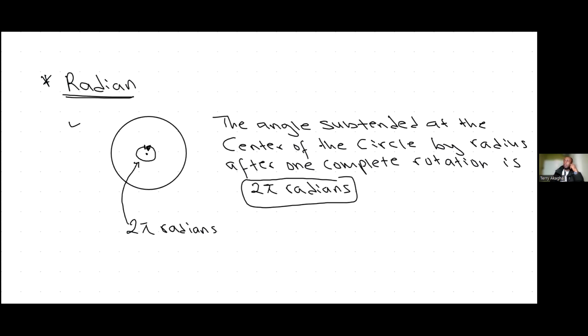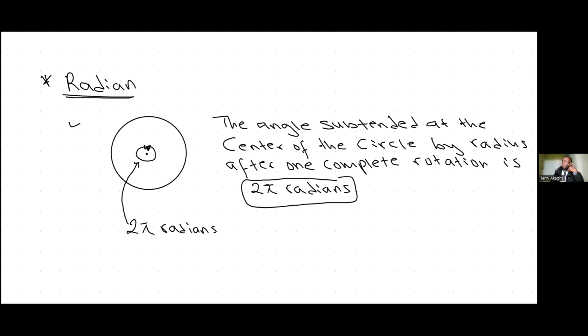Now, this is very important because in some cases, we try as much as possible to get the value of 1 radian. The value of 1 radian is when the length of the arc becomes equal to the length of the radius.